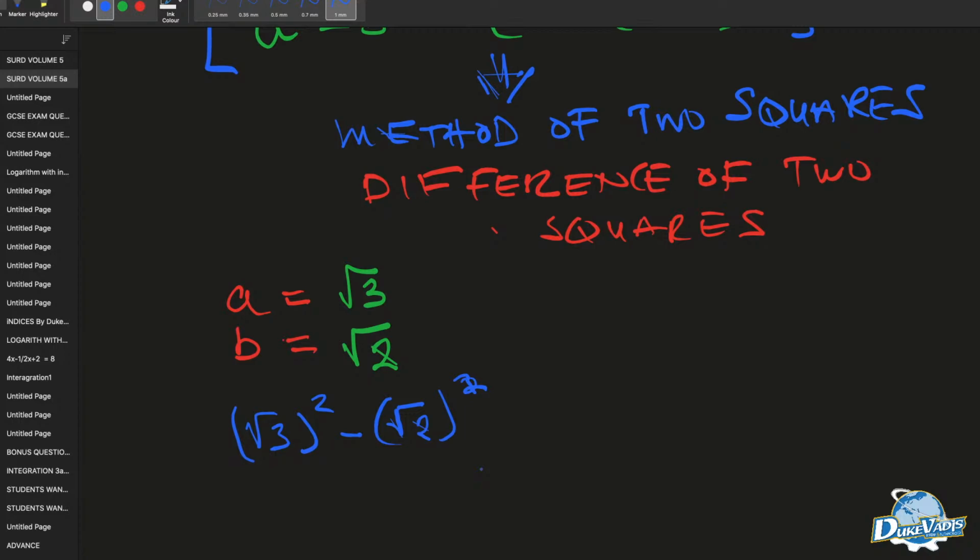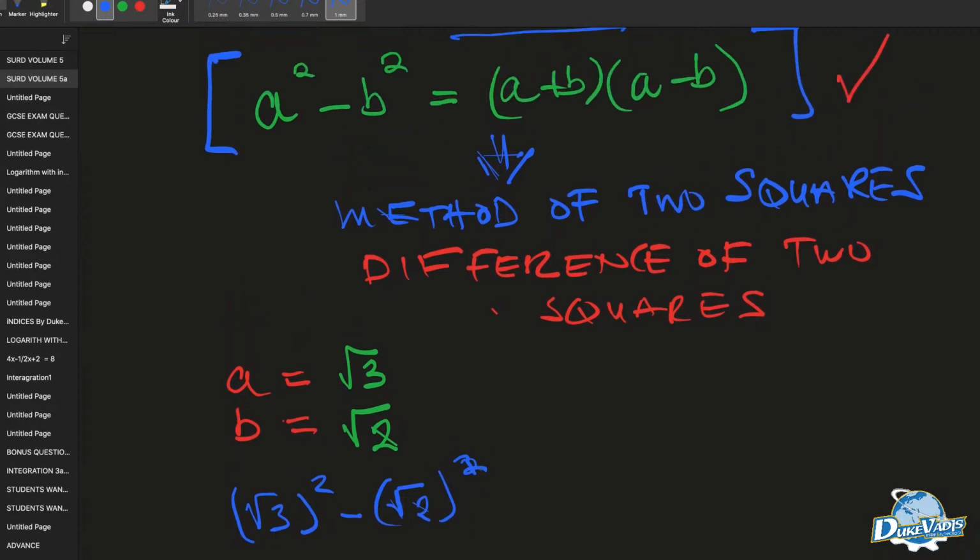With our equation, if we apply it to solve this one, from observation, when we square root 3, it is root 3 times root 3, and that will give us 3. When we square root 2, it is root 2 times root 2, and that will give us 2. When we subtract, 3 minus 2 is 1.